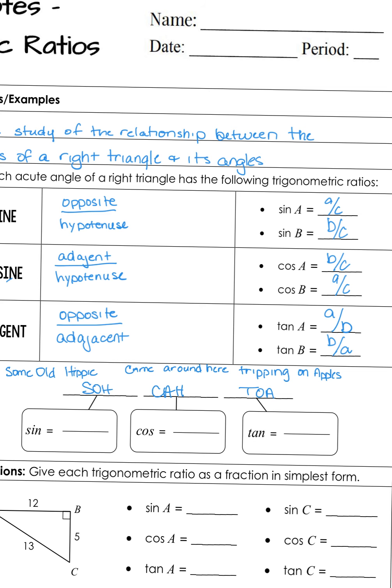Now the whole idea, whether you use the hippie or the SOHCAHTOA, is it tells you what sides to use. So sine, the S, uses O and H, just like if you use SOHCAHTOA, sine uses O and H. So this is opposite and hypotenuse. "Came around here" uses CAH, so that's adjacent and hypotenuse. And then tangent uses TOA, which is your opposite and your adjacent.